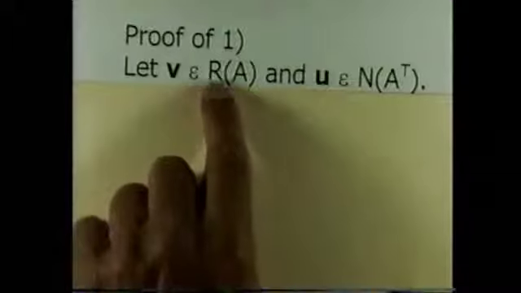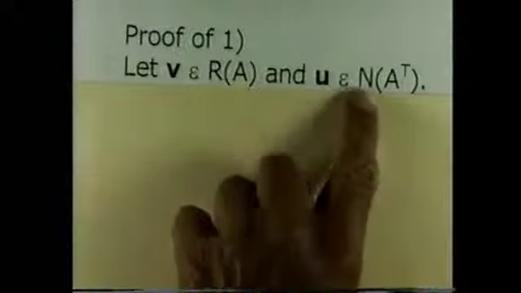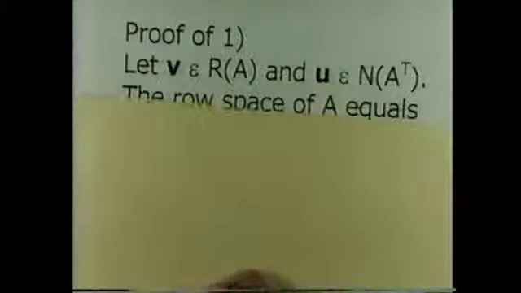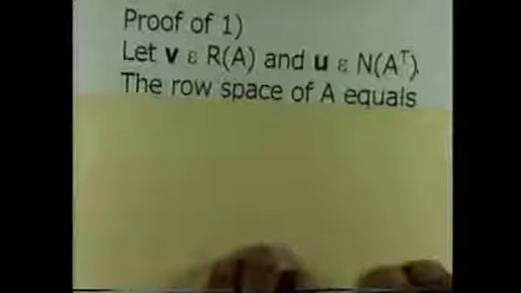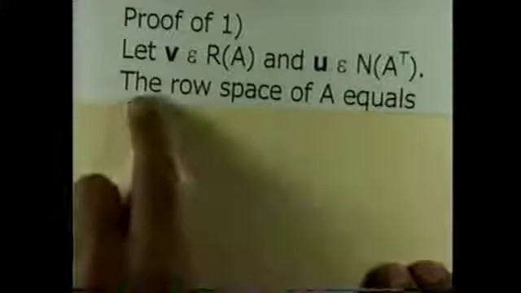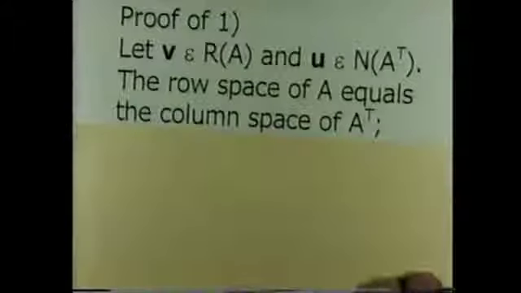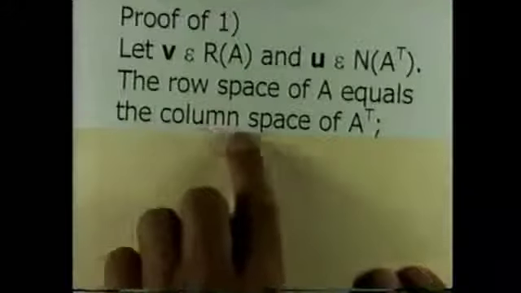So let V be a vector in the column space of A, and let U be a vector in the null space of A transpose. And notice that the row space of A equals the column space of A transpose. That's going to be important to the next step.